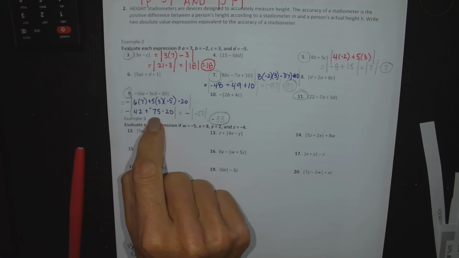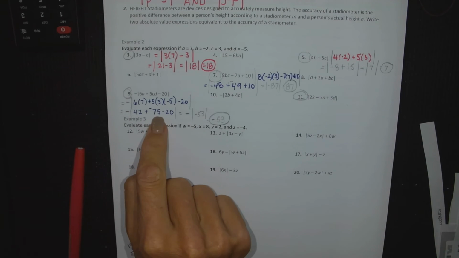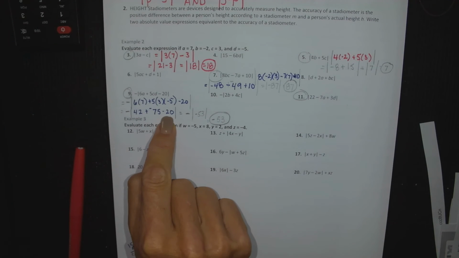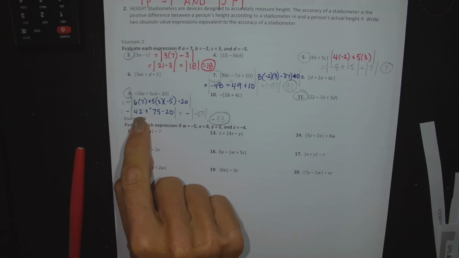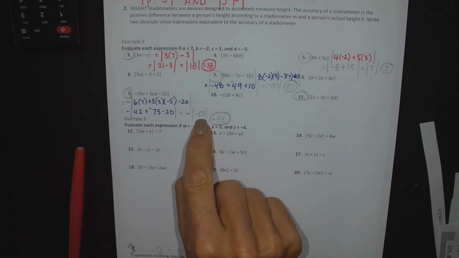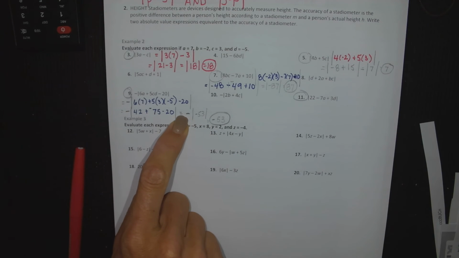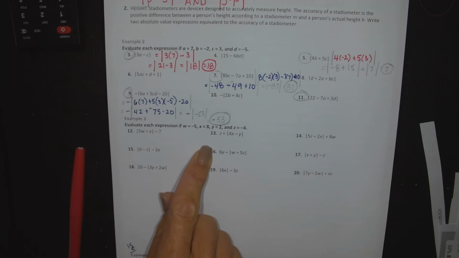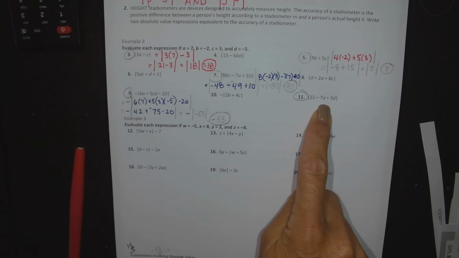You see what I did? Minus 20. And then left to right, 42 plus negative 75 minus 20, you get negative 53. Is everybody with me? The absolute value of negative 53 is what? 53, but guess what we have outside? You got it? All right, do number 11.